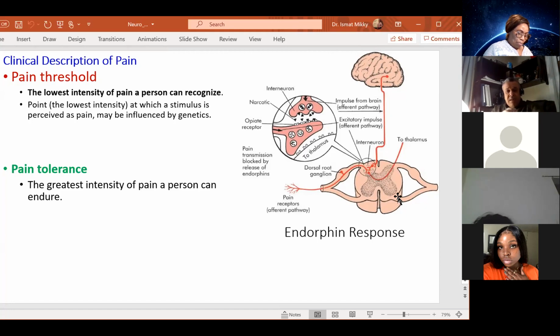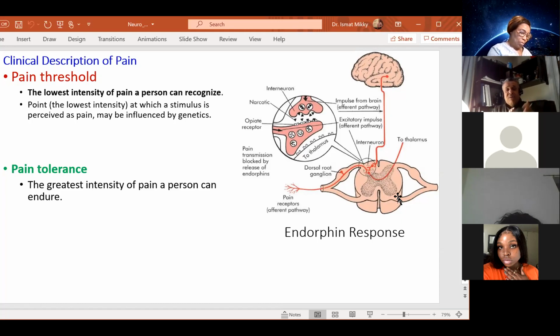It varies greatly among people and in the same person over time, because the body's ability to respond to noxious stimuli is different from time to time.